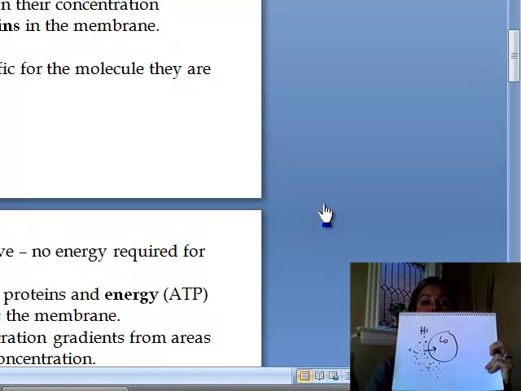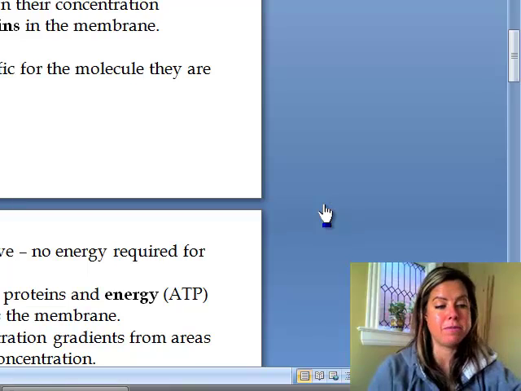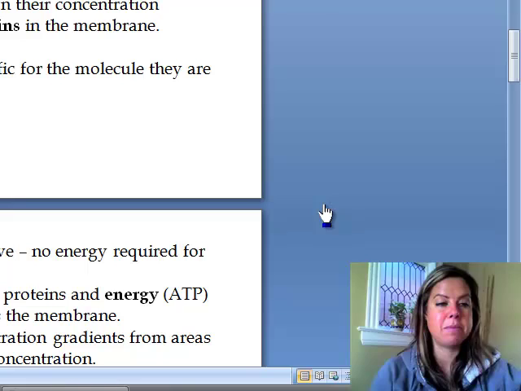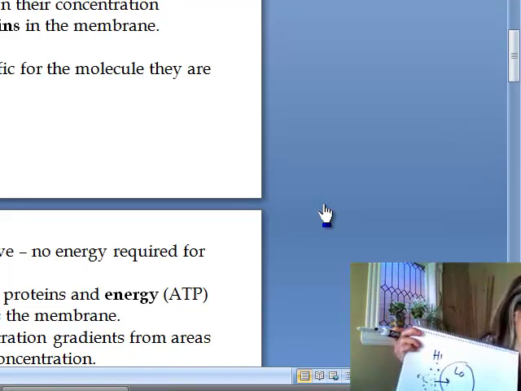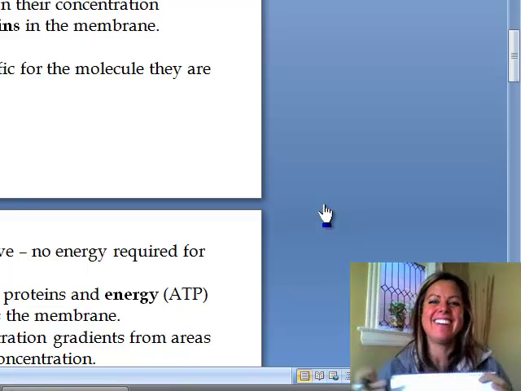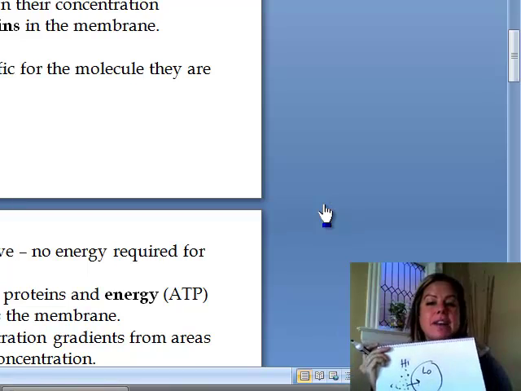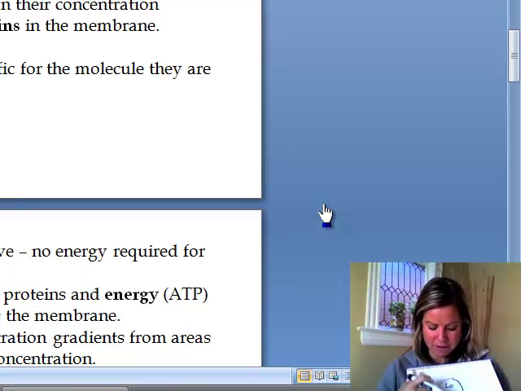Diffusion is actually going from high to low. Okay. So another form of diffusion is called osmosis. And osmosis is just going to be the same thing, except it's just water. Okay? Now, facilitated diffusion is going to be a little different.